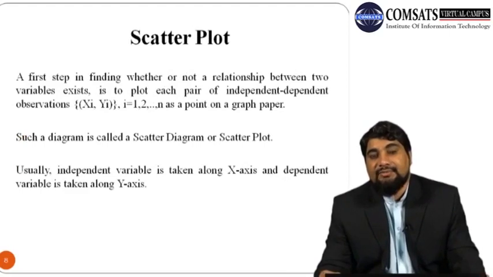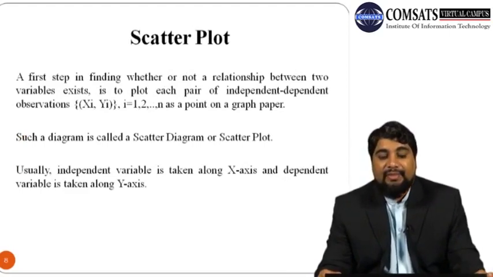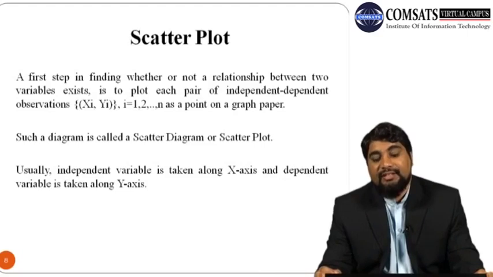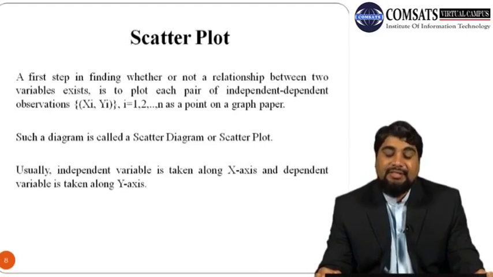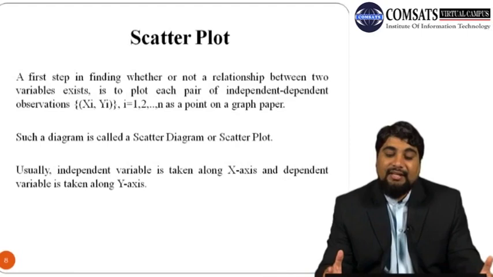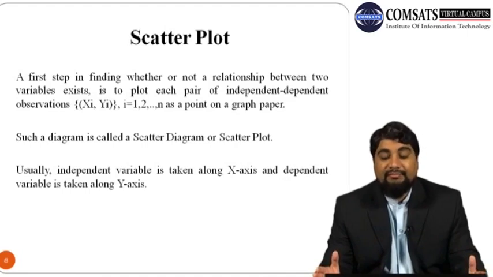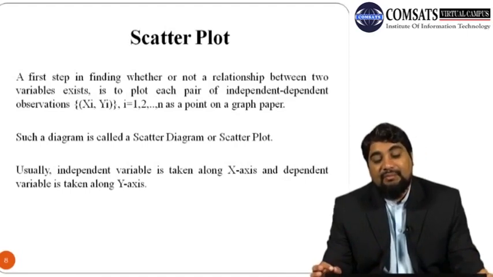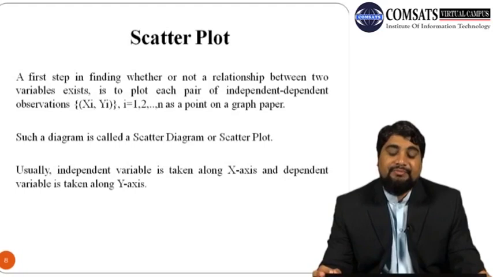Let us discuss first the scatter plot. The first step in finding whether or not a relationship between two variables exists is to plot each pair of independent and dependent observations, (xi, yi), where i ranges from 1 to n, as a point on graph paper.